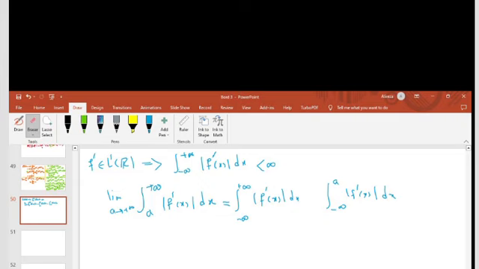But we know that this is equal to this, so that this equal to 0. This limit equal to this integral, okay?